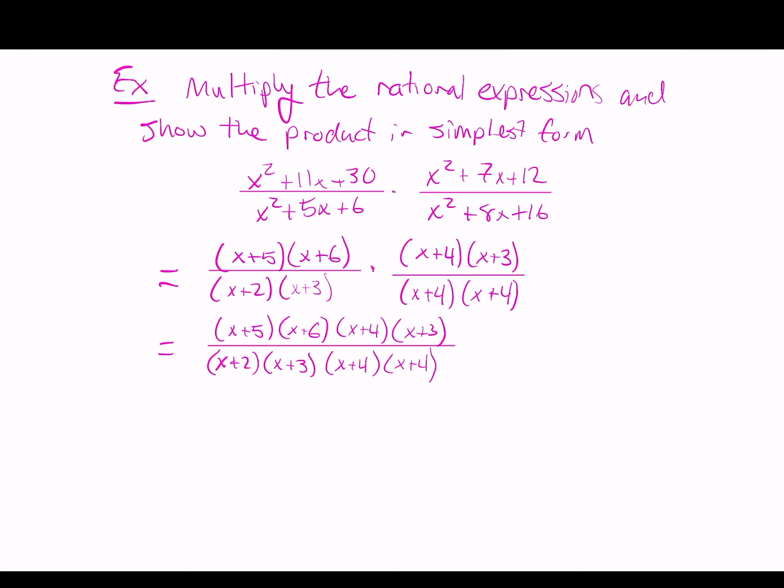Now, anything that's common in the numerator and denominator, we can cancel. So there's an x plus 4 in both places, an x plus 3 in both places, and we're left with x plus 5, x plus 6, all over x plus 2, x plus 4. And that's our final answer. Box that in.